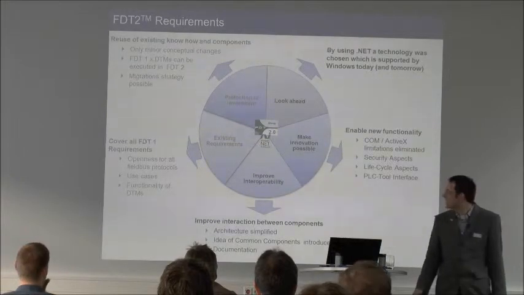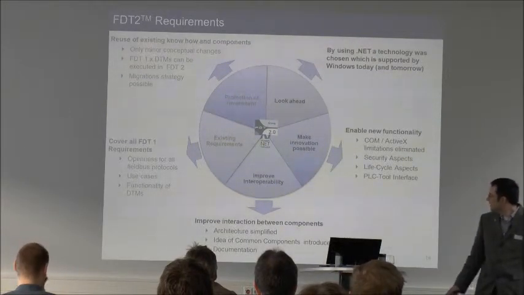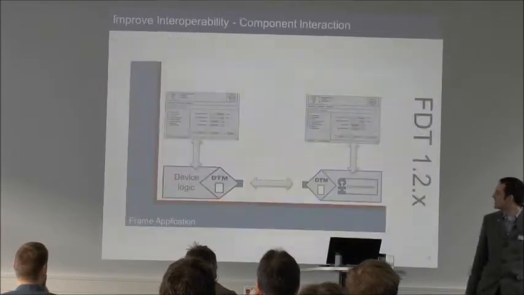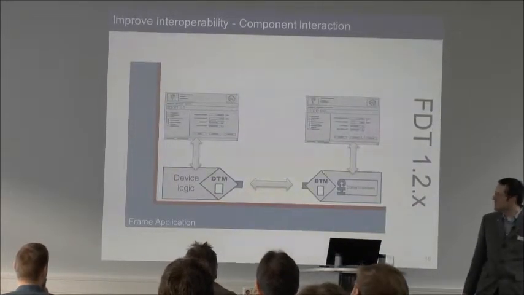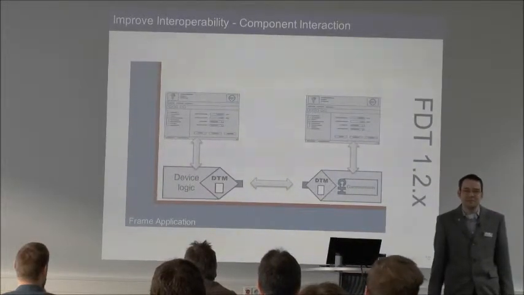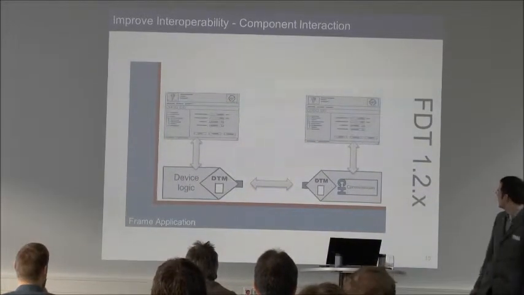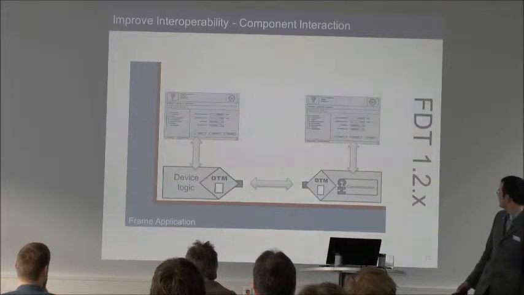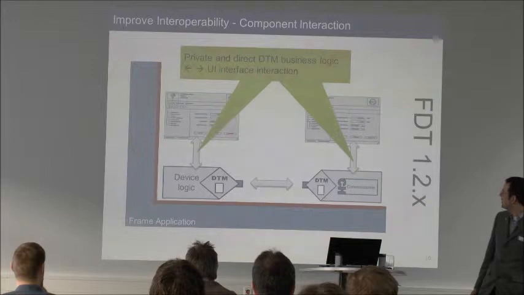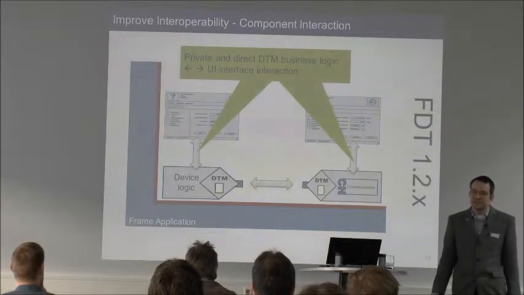So, the next point is improved interactions between components. I think that's one of the major new features of FDT2. That's the current state in FDT 1.2. We have private interfaces between the DTMs and the ActiveX UIs.